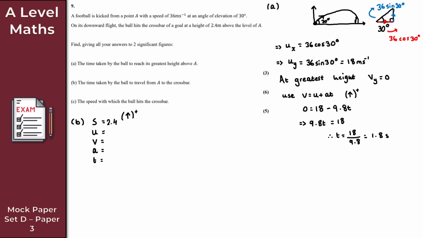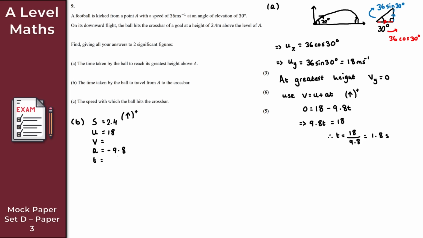It'll either be 36 cos 30 degrees or 36 sine 30 degrees, but because we're resolving vertically, we use Uy. That's simply 36 sine 30, which is 18. For V, nothing relevant there. For A, that's minus g, so minus 9.8.